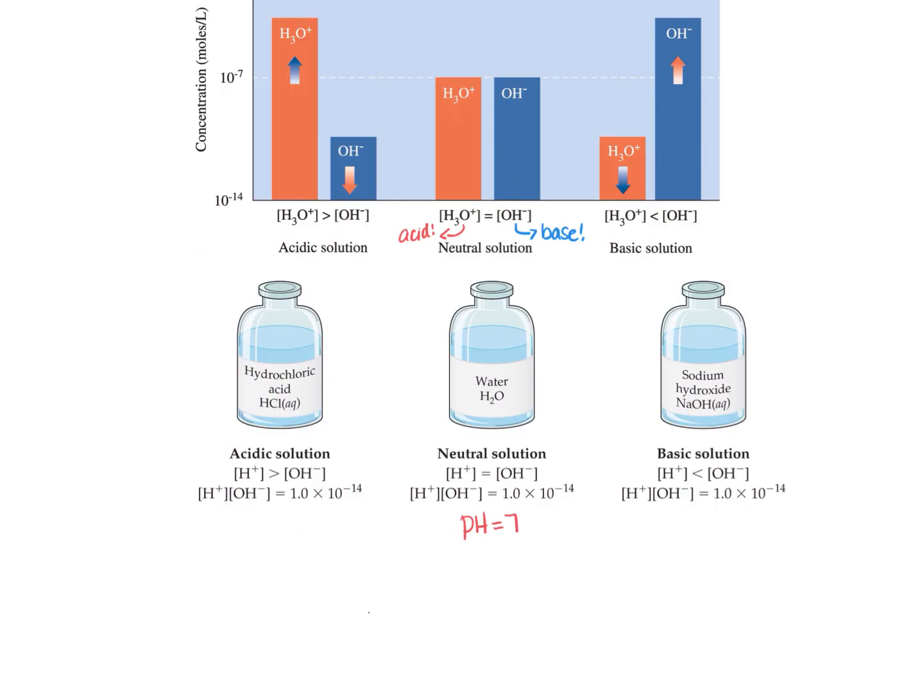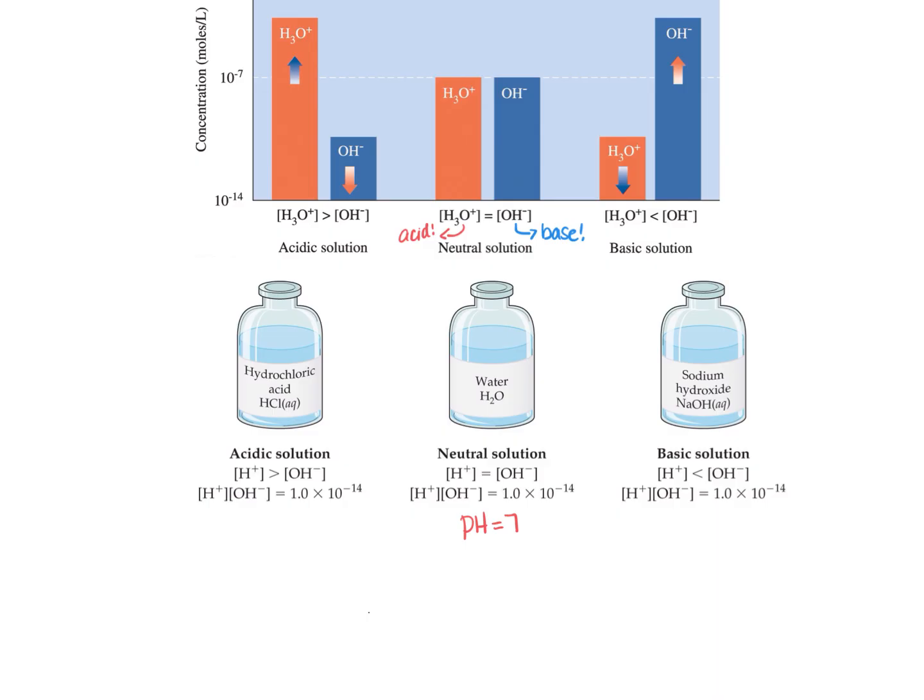If you have a very basic solution, for example sodium hydroxide, we learned in the previous screencast that is a strong base, right? And it's a basic solution. When we look at the ratio of the H3O+ to OH-, or, remember, this is interchangeable with H+, what we find is there's a lot more OH- in the solution than H+, because these things are relative to each other.